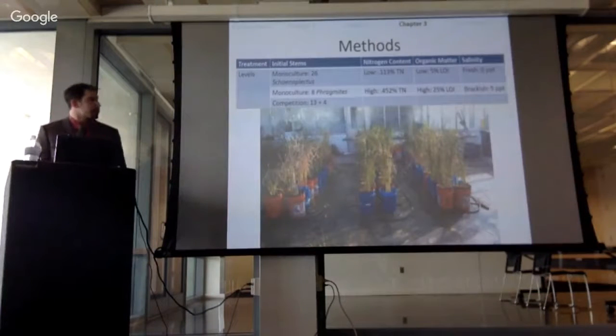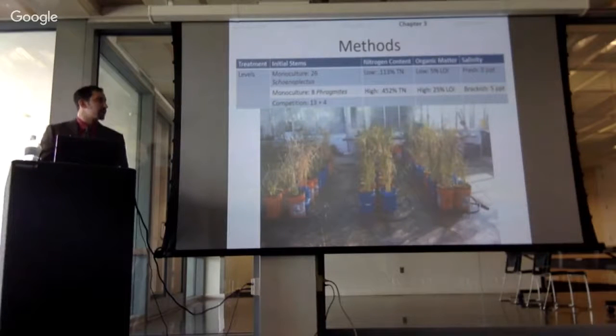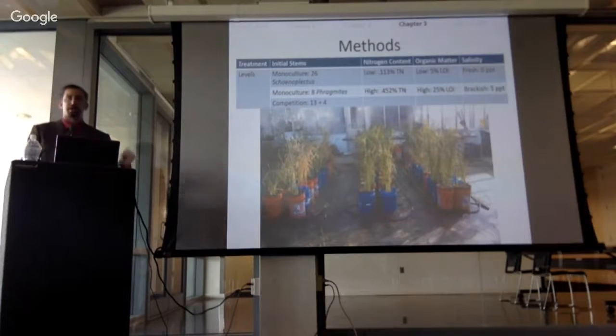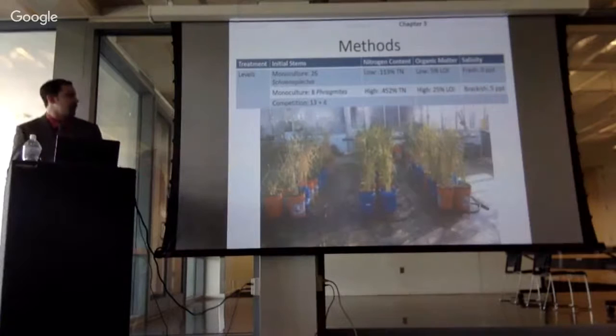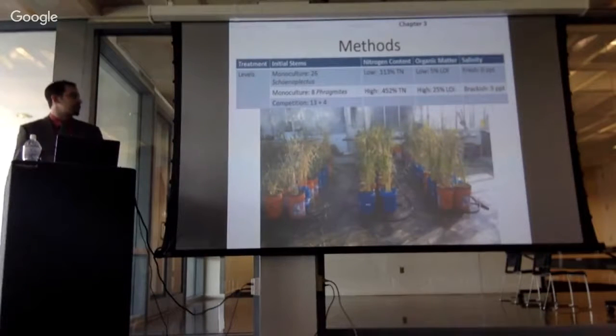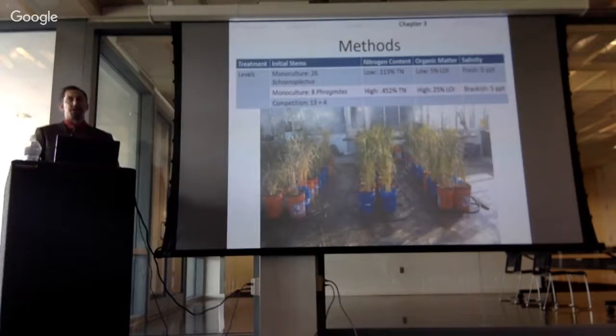I tested these treatment effects in a greenhouse experiment in 2015. I had 2 nitrogen treatments, 2 organic treatments, 2 salinity treatments, and utilized a factorial block design, meaning I represented all treatment combinations in each of 3 blocks. This was also an additive pairwise experiment, meaning both species were grown both in competition and in individual monocultures at densities consistent with field observations.